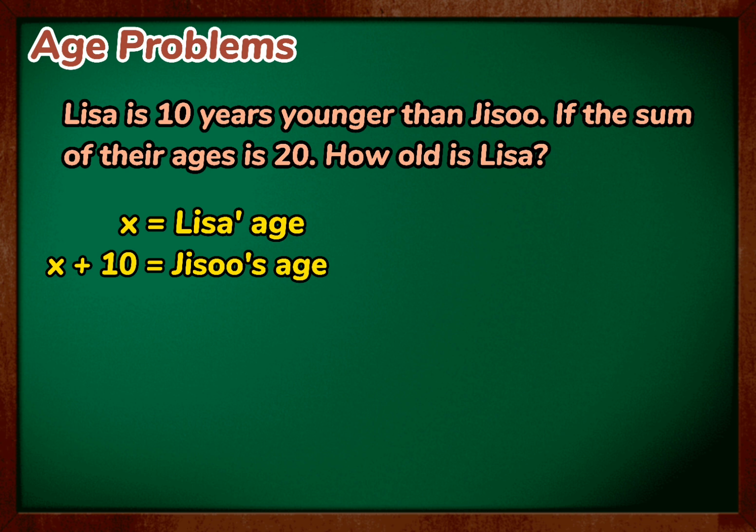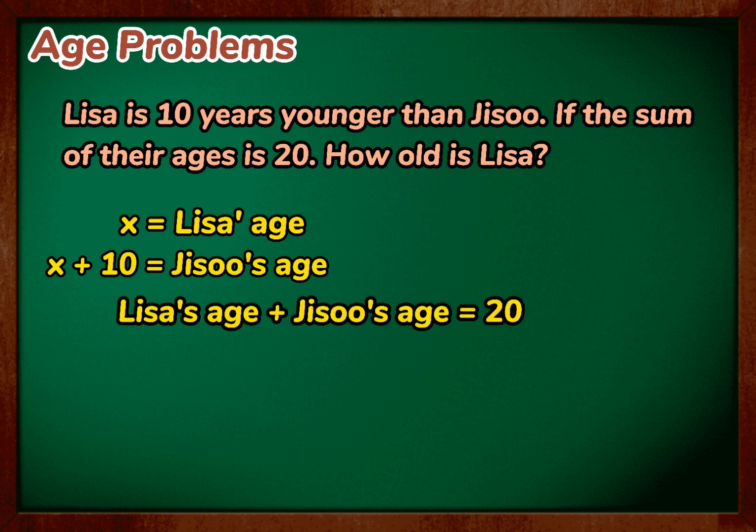So if the sum of their ages is 20, then Lisa's age plus Jisoo's age is 20. That is X, which represents the age of Lisa, and X plus 10 for Jisoo equals 20. Now solve the equation.